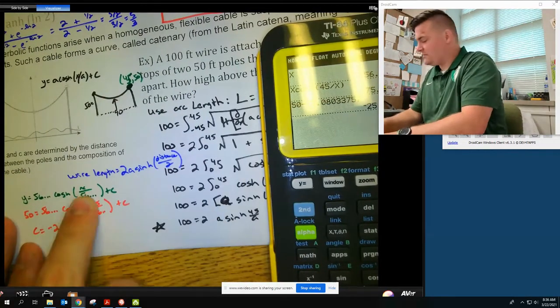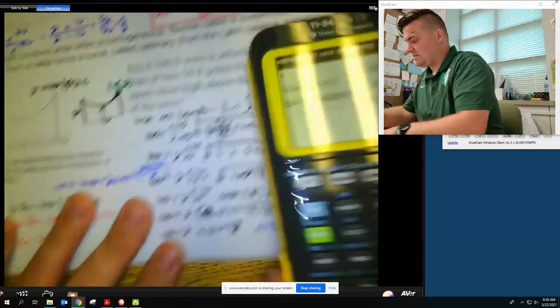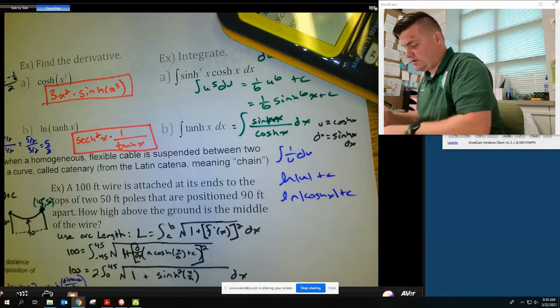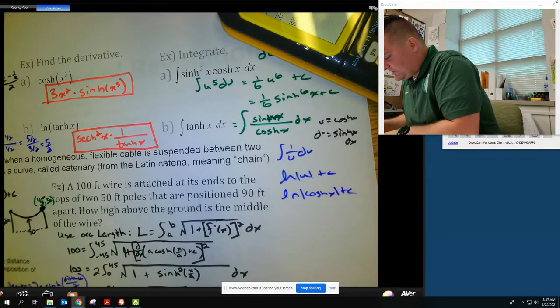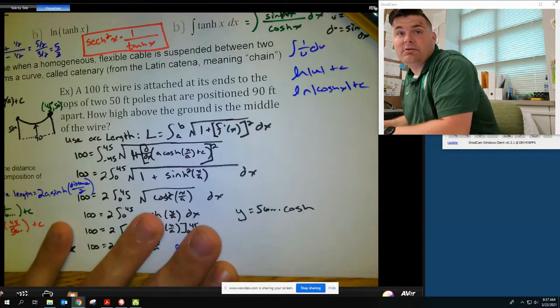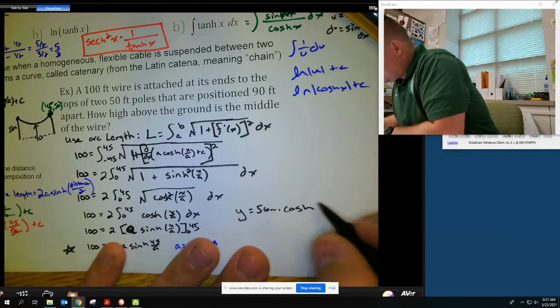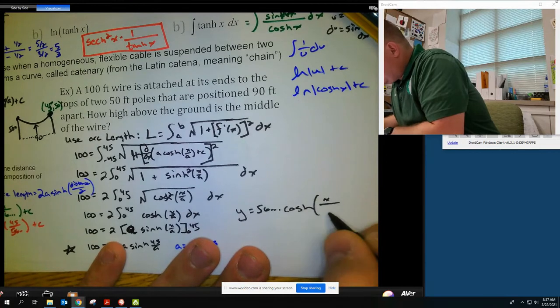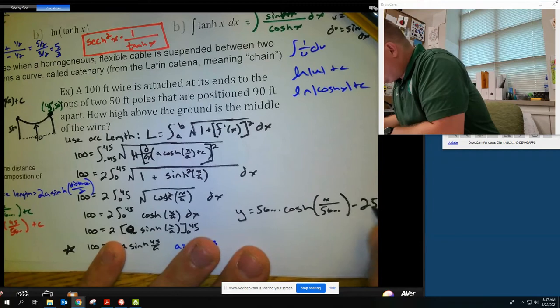So I'm going to plug in a 0 for x and then call the day. And that's it. So I know that from my equation here, we get y equals this 56 number cosh of x over that 56 number minus this 25 number.